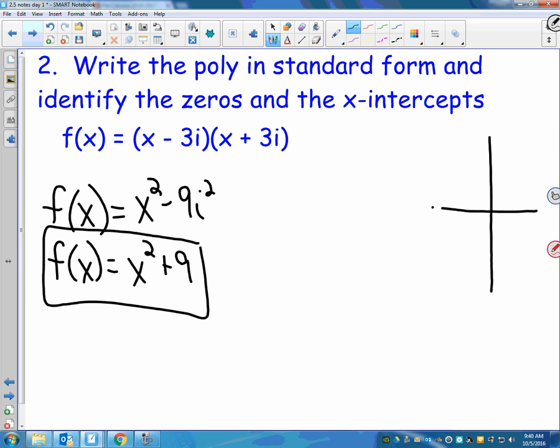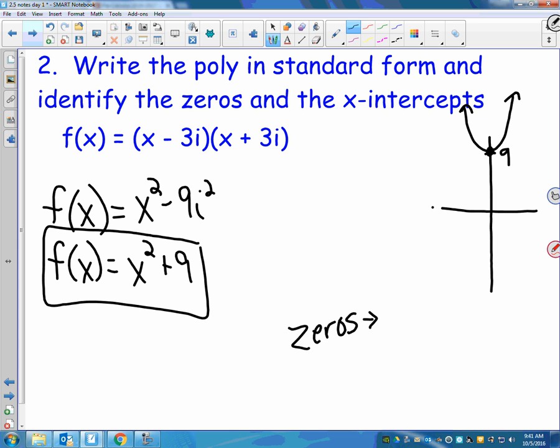If I was going to graph this, it's a parabola that starts where? At 9. Up here at 9, and which way does it open? What are the x-intercepts of that graph? It doesn't ever touch the x-axis. What are the zeros of that graph? None? Wrong. How about the zeros? Are they imaginary? The zeros are the solutions.